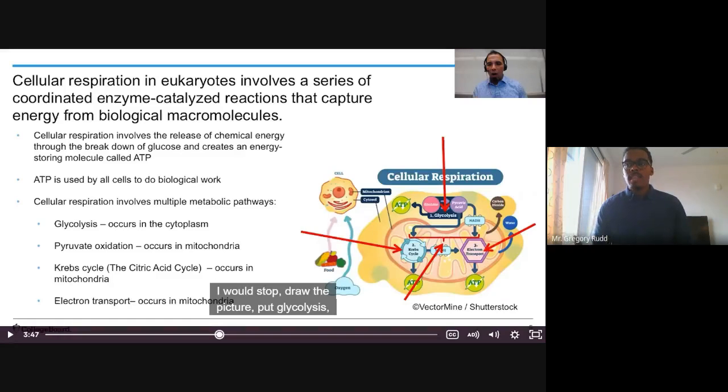So not only is it easier, it doesn't require as much energy, but you're able to do it faster. But that's what we're talking about here. Instead of doing it all at once, we're going to take several smaller reactions. We're going to pair them next to each other, and we're going to use enzymes to speed them up.